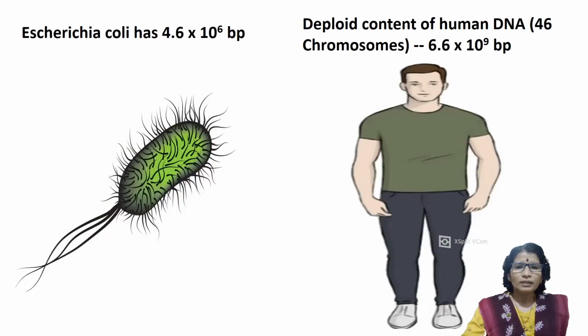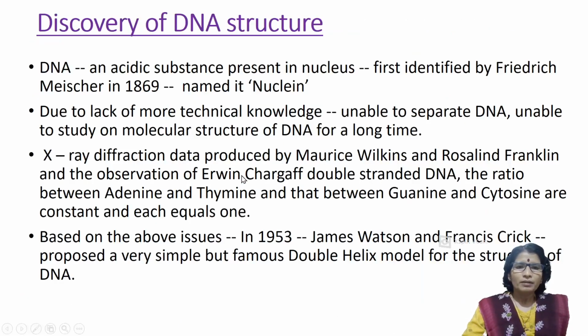That knowledge was given by Erwin Chargaff. Based on these researches, X-ray diffraction data and Erwin Chargaff's analysis, in 1953 James Watson and Francis Crick proposed a very simple and famous double helix model for the structure of DNA.